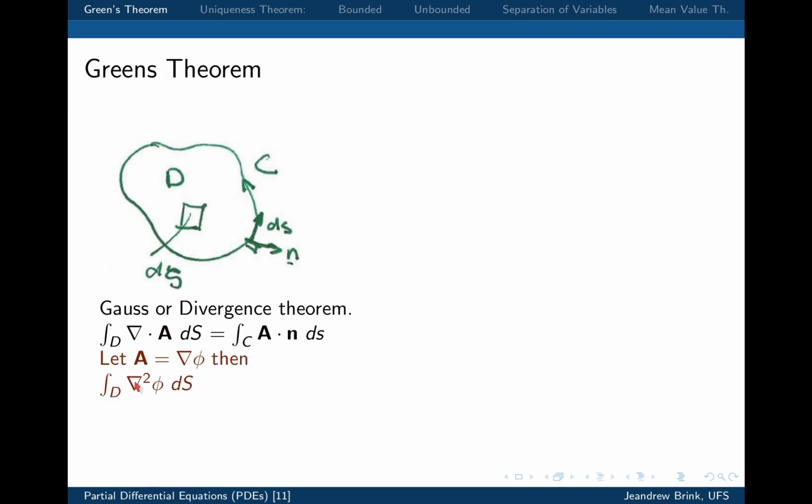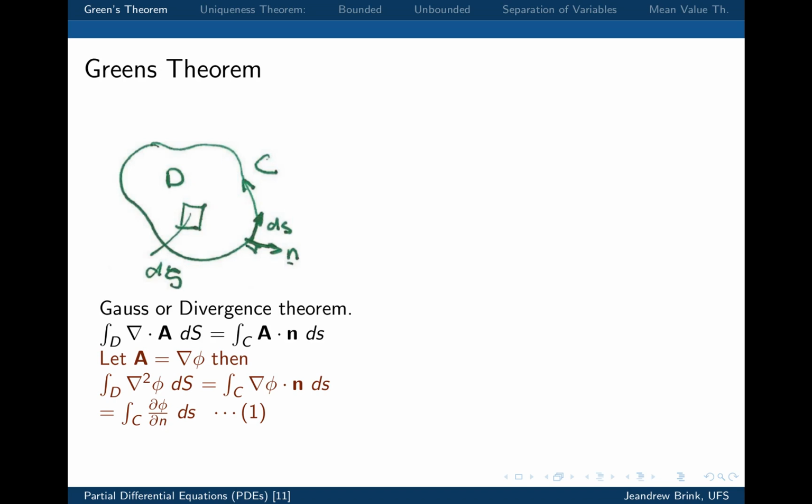You can see where the Laplacian comes out: the integral over the domain D of the Laplacian of phi ds is equal to the gradient of phi dotted with n times ds. The gradient of phi dotted with n is simply the normal derivative in the n direction. So you get the picture that the divergence over the domain is the flux going out. That's the first identity we're going to use, and I'm going to color and label them because they'll appear subsequently.